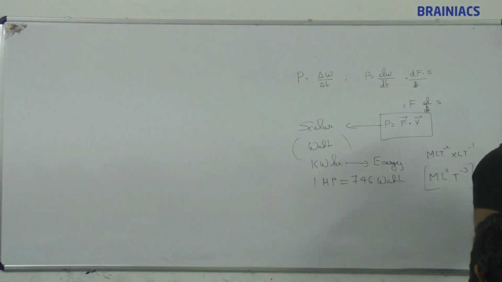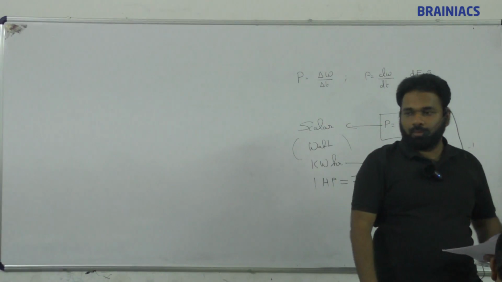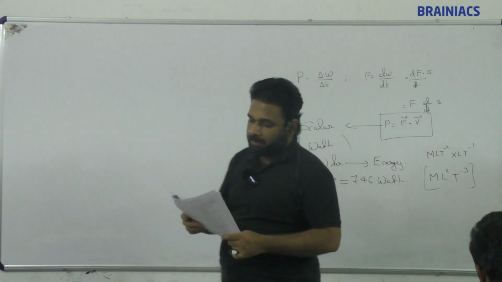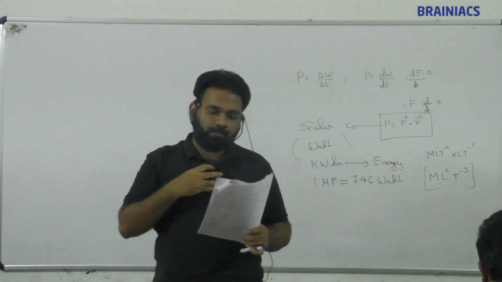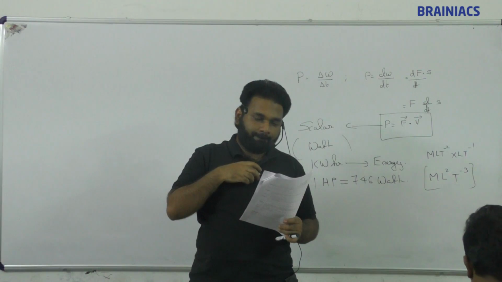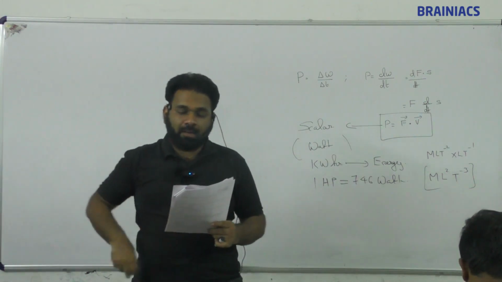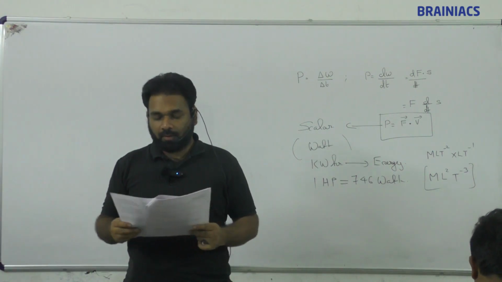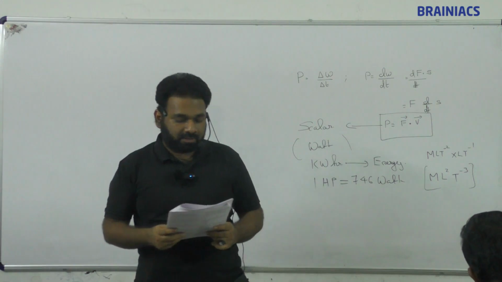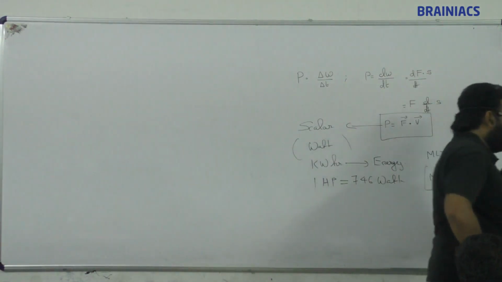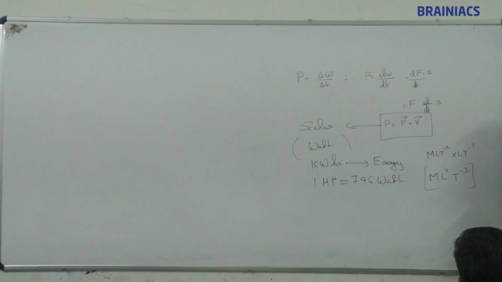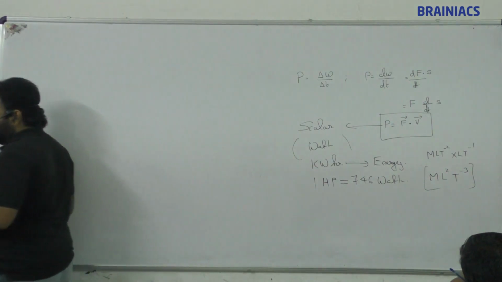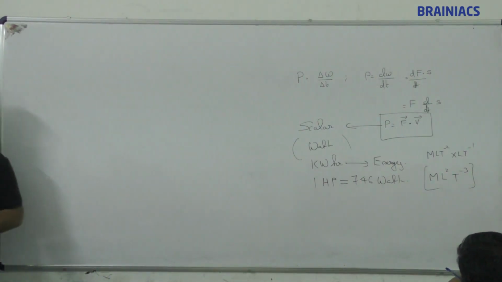Okay, now come back to the handout. Question number 61. A car of mass m driven with the acceleration a along a straight level road against a constant external resistive force, when velocity is v, the rate at which the engine of the car is doing work will be.